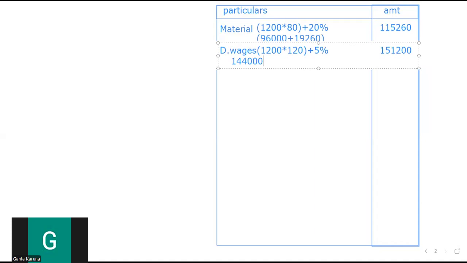On this, again, 5% when I have done it, I got 7,200. So these two, if I add, I get 1,51,200. So this is how I got these additions.